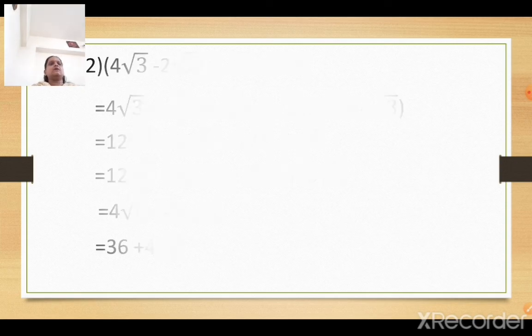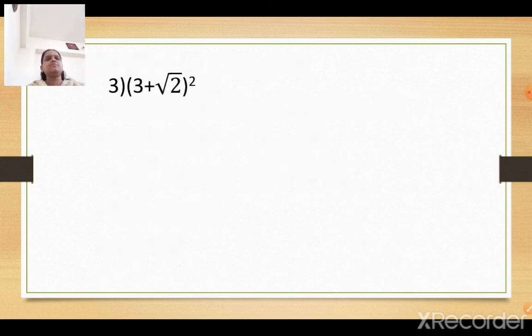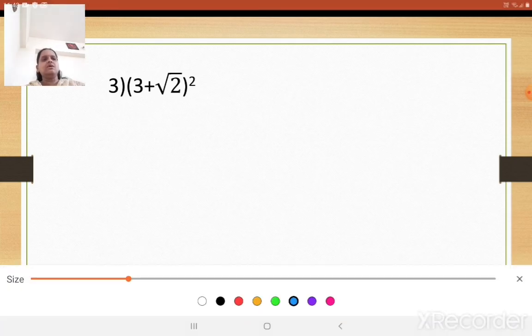Let us start. The next problem is, in the bracket, 3 plus root 2, bracket square. So do you remember which identity formula we will apply here? Yes, we will apply the identity formula a plus b the whole square. Correct?